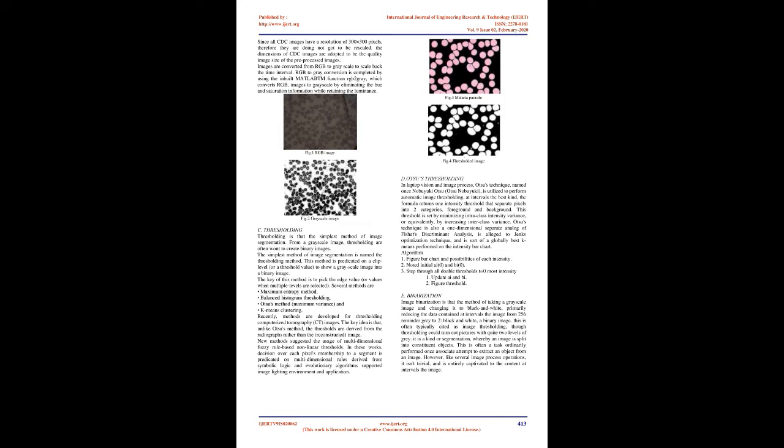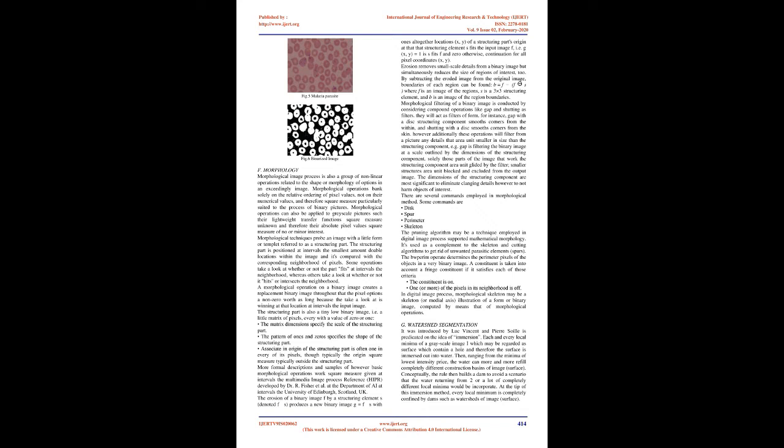2. Compute the threshold. Binarization. Image binarization is the process of taking a grayscale image and converting it to black and white, essentially reducing the information contained within the image from 256 shades of gray to 2, black and white, a binary image. This is typically referred to as image thresholding, though thresholding could produce images with more than two levels of gray.